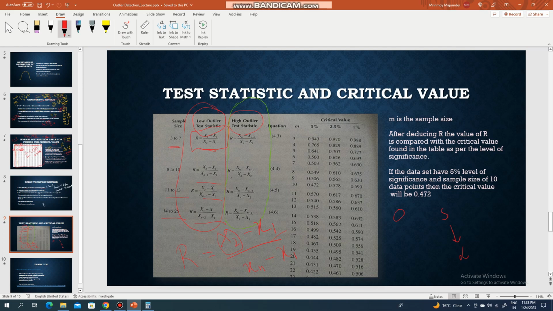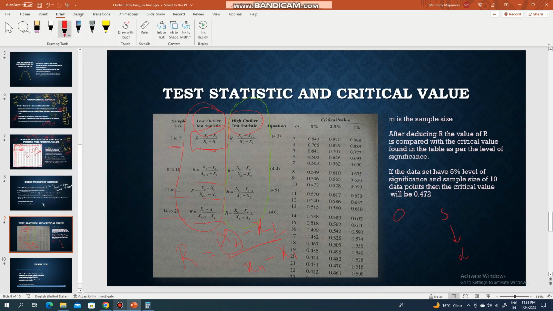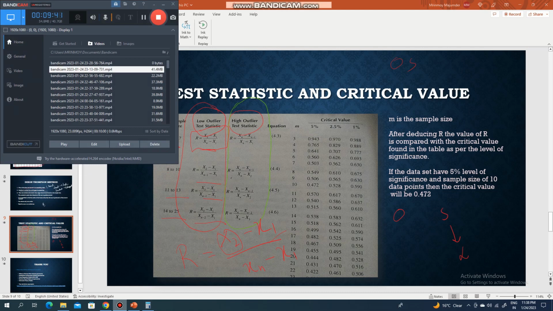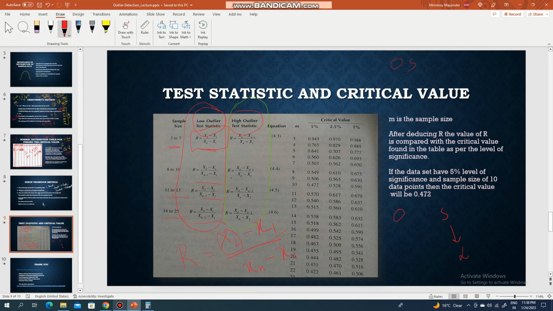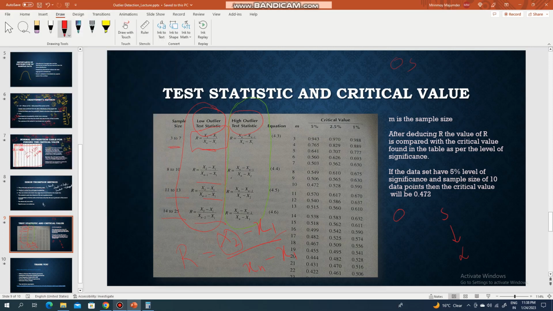If you have 7 data points, then xn is the 7th, the last data point, because you have arranged your data from the smallest to the largest value. So x1 becomes the smallest value, x2 the second smallest, and xn the largest. If you use this formula, x2 minus x1 divided by xn minus x1, then you will find R.